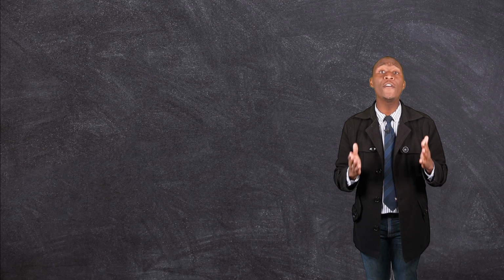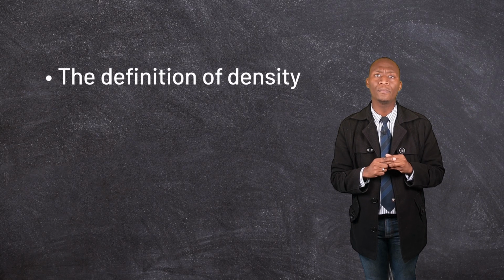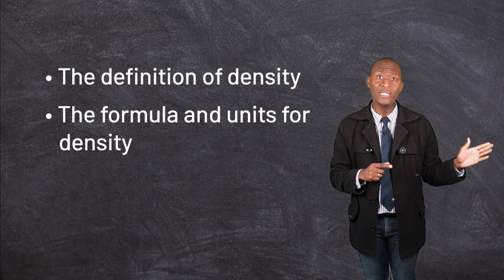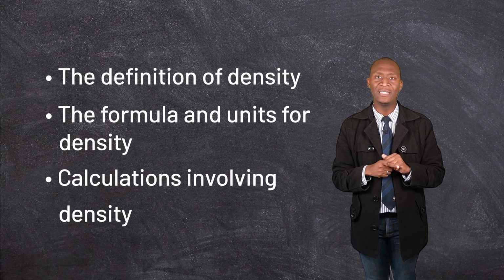This is because different substances have different densities. And that brings us to today's topic, which is density. In this lesson, we will focus on the definition of density, the formula and units for density, and calculations involving density.